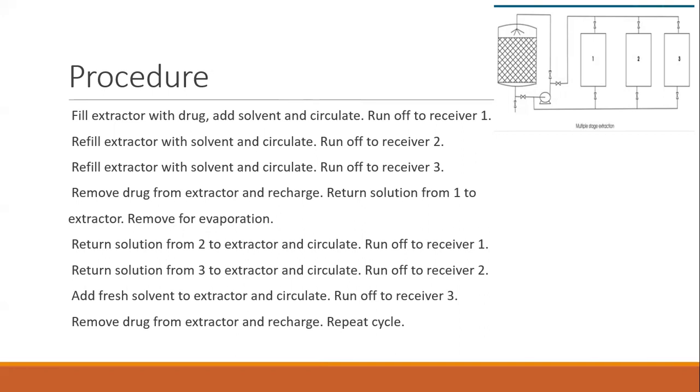Return the solution from 2 to the extractor, circulate and run off; then receiver 1 will be empty because you have given it for evaporation, so the 2 will come into 1.